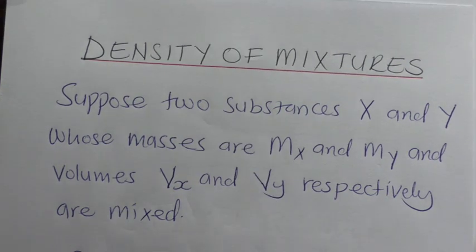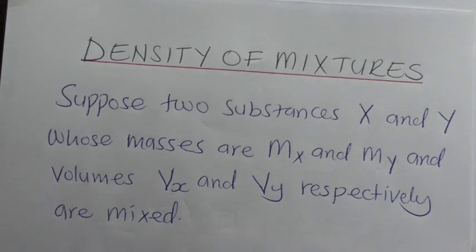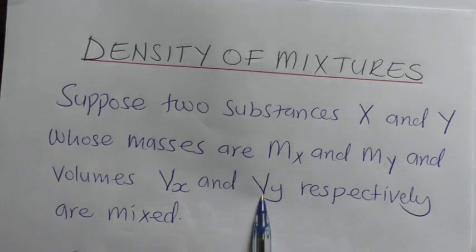That means that to get the density of this mixture, we shall have the total mass of the individual substances making up this mixture, that is mx plus my, divided by the summation of the volumes of the individual substances, which is Vx plus Vy.